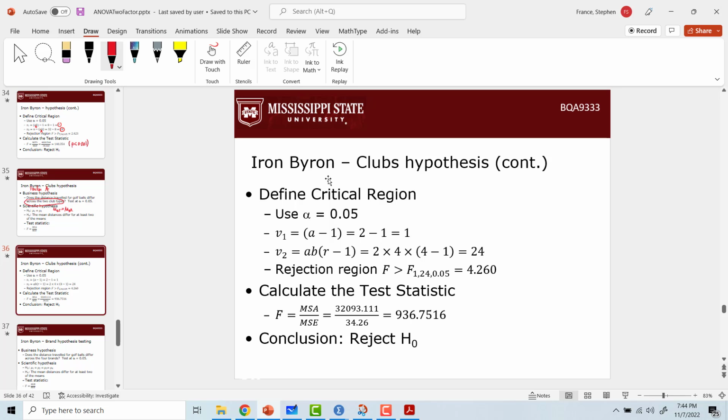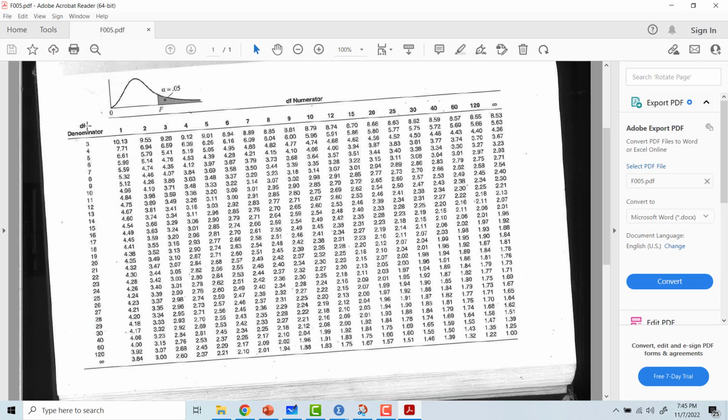And again, going back to the ANOVA tables we've done a few times, the V1 is A minus 1, 2 minus 1, 1 degree of freedom, and the V2 is the error, which is AB(R minus 1), or N minus AB, exactly the equivalent. A is 2, B is 4, R minus 1 is 4 minus 1, so that's going to be equal to 24. We have 1 degree of freedom and 24. So let's go 1 all the way down to 24, and we have 4.26.